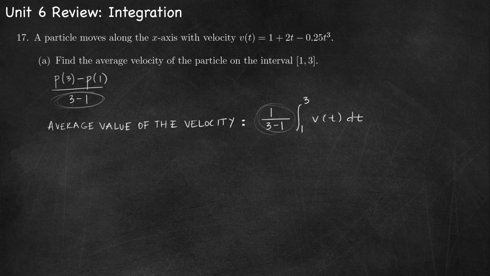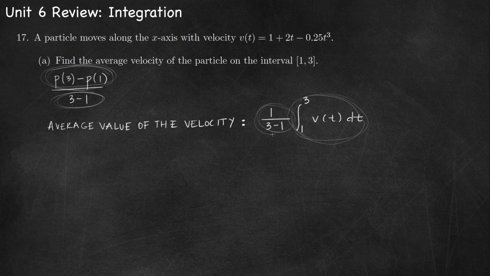So we evaluate p at 3 minus, and then we evaluate it at 1. So this part of our average value formula corresponds to this part of our average velocity formula. So we can approach this problem using either one of these formulas, but since we have the velocity equation, I think this second method will be easier.